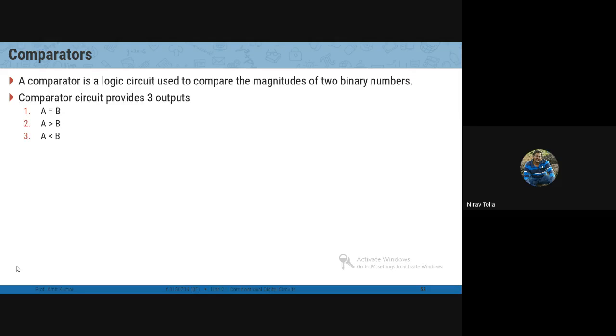Suppose I have two binary numbers A and B, and I want to compare their magnitude. It has three possibilities: either A is equal to B, or A is greater than B, or A is less than B.